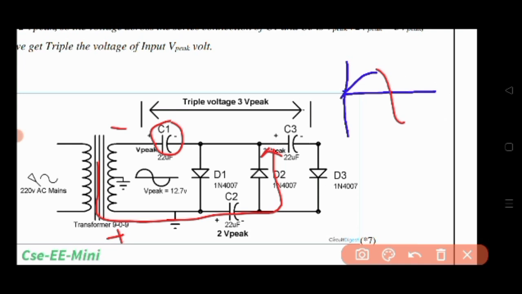It will take the voltage of C1 also, and the transformer also acts as a battery. So C1 and transformer polarity will act as two batteries in series and will charge C2 to 2 times V peak, I mean 2 into V peak. So this is the way in the first negative half cycle C2 also gets charged.